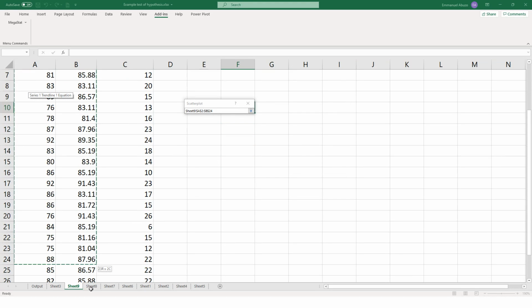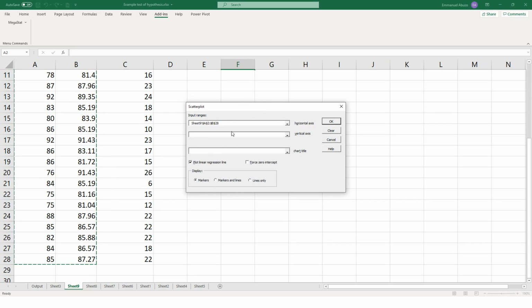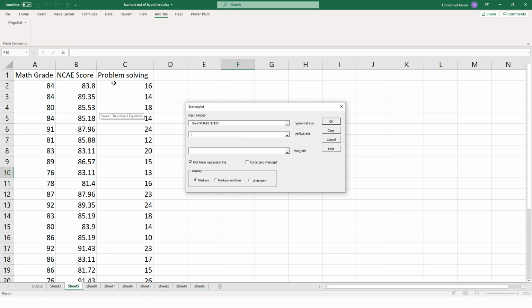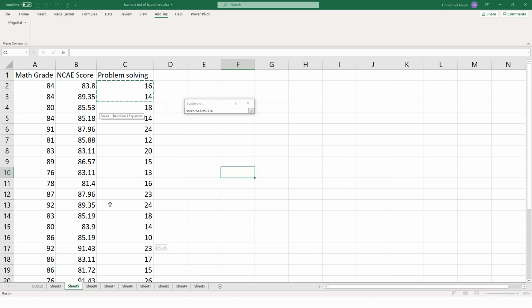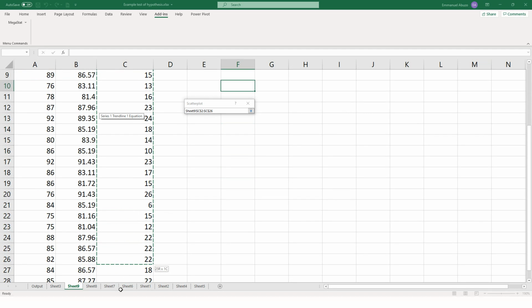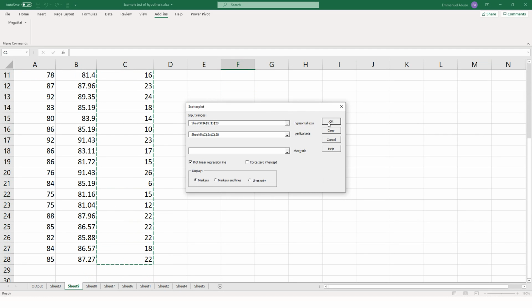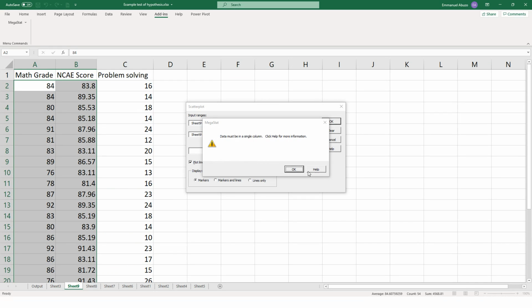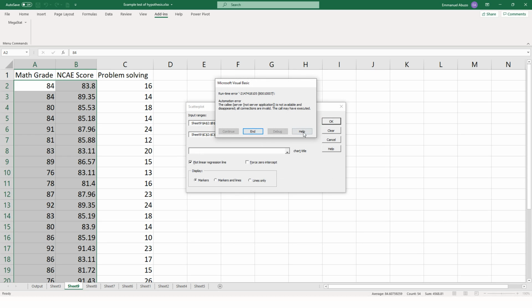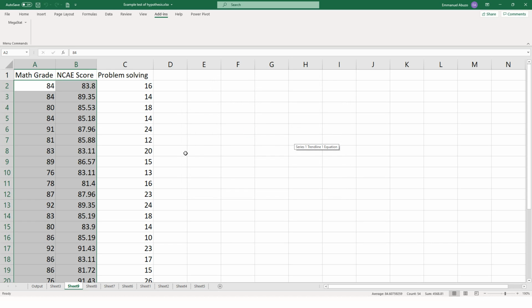Let's try to see. As we can see here, we could not plot this in our Cartesian plane because there are two independent variables. So this is the limitation of MegaStat. Now let's go back to our output.